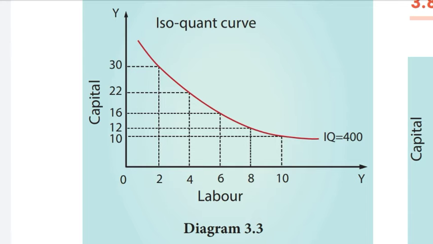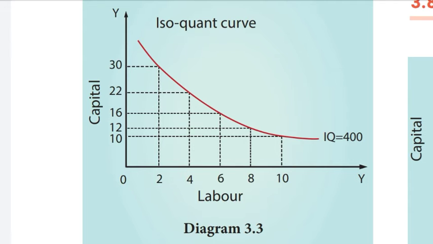Characteristics of an isoquant. First, the isoquant is downward sloping from left to right, that is, it is negatively sloped. Second, an isoquant is convex to the origin because of the diminishing marginal rate of technical substitution.